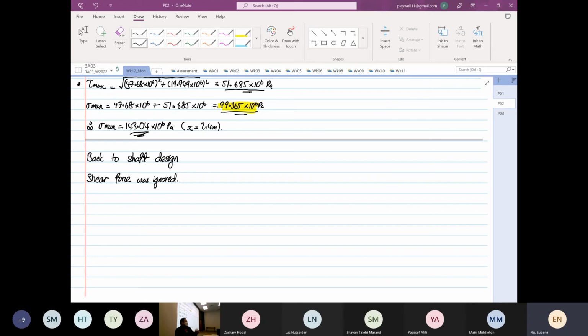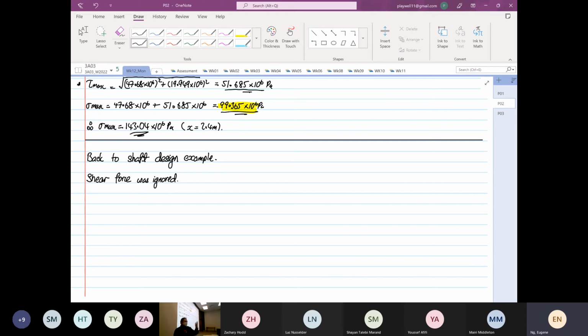I want to show you, is this true? Because I did not know. This is the first time I'm going to calculate this. I just read the textbook and they say ignore it because it's low.